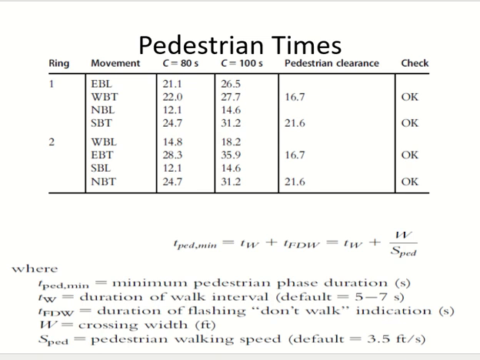And they are checking it against which movement? Eastbound, and they are also checking it against the westbound as well. But which movement? I have eastbound left, and this is eastbound through. So we always check with the through movement.